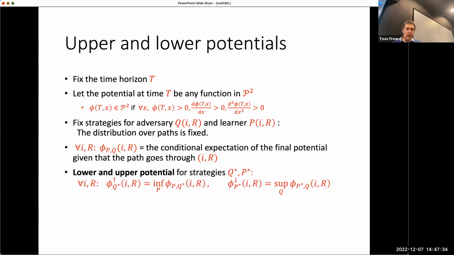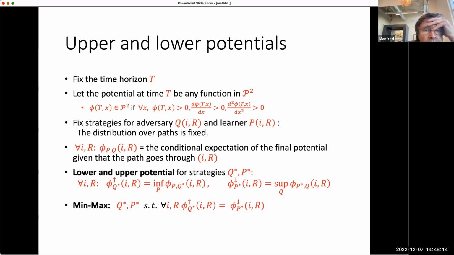Okay, so we have lower and upper potentials. This is the definition of potential for a particular pair. Now, suppose that you fix just one side, and you take the infimum or supremum of the other side. Then this is what I call the upper and lower potential, right? This is basically what a strategy can guarantee against any of the opponents.